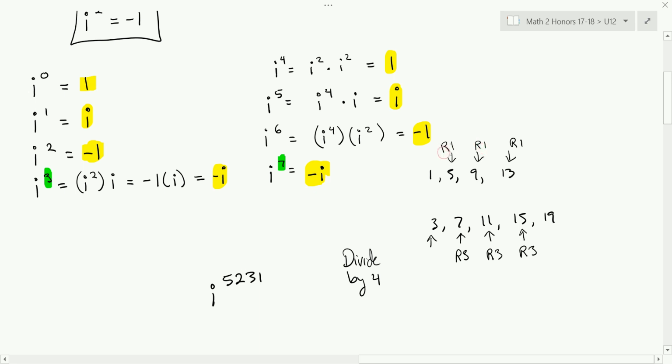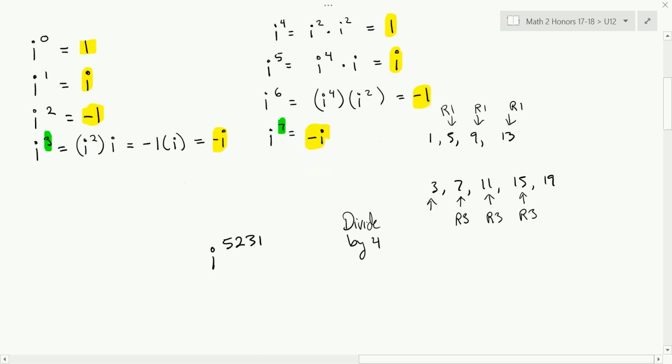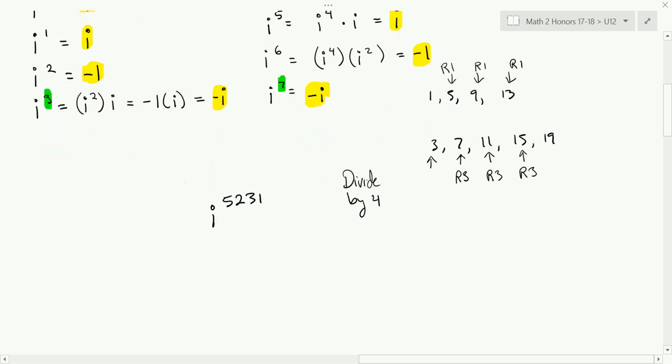So if I want to find out what group 5,231 belongs to, what am I going to do? Divide by 4, and I don't care what it divides. I care about what? The remainder, exactly. So 4 goes into 5 one time. 4 goes into 12 3 times.